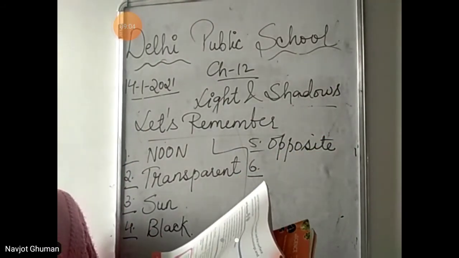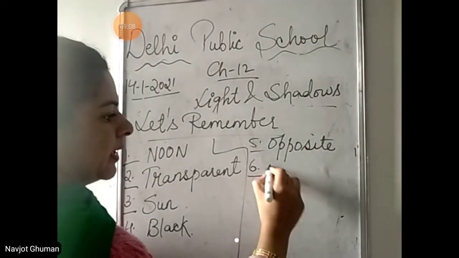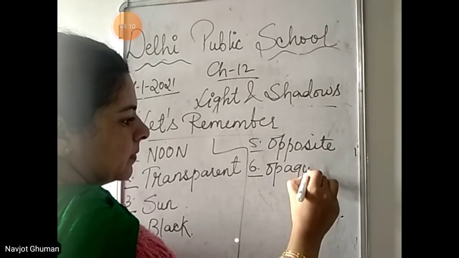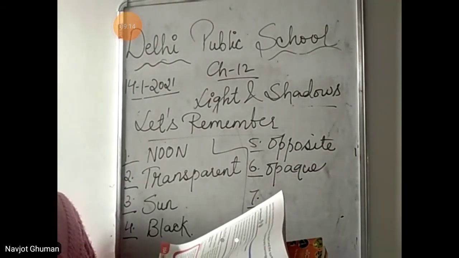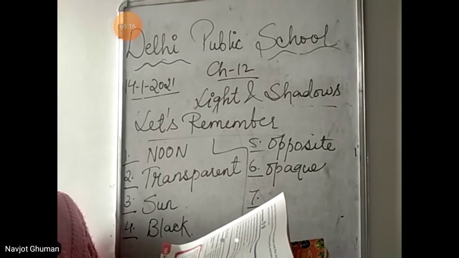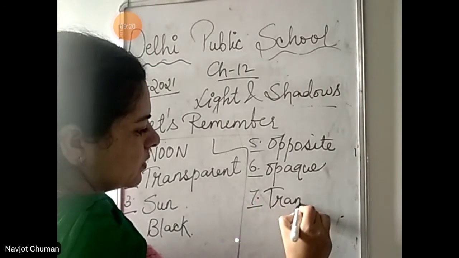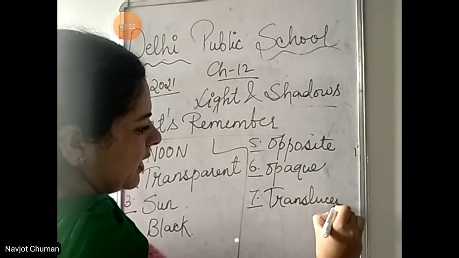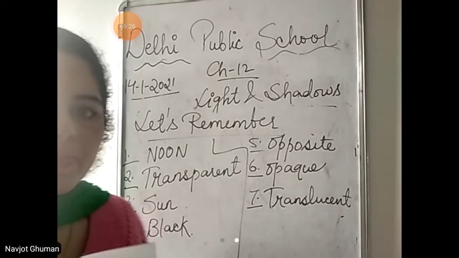Number six, cardboard doesn't let light pass through because it is opaque. Number seven, butter paper allows some amount of light to pass through it, thus it is translucent. As translucent objects, they allow some light to pass through them, not the whole light.